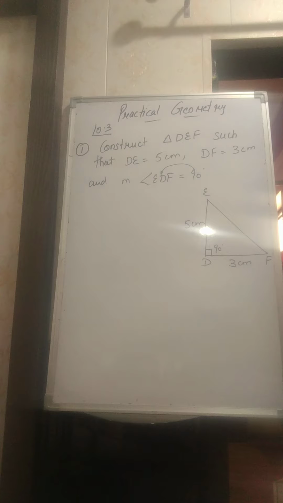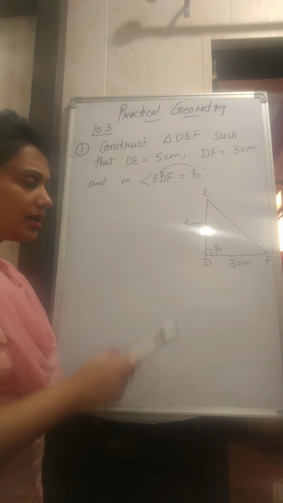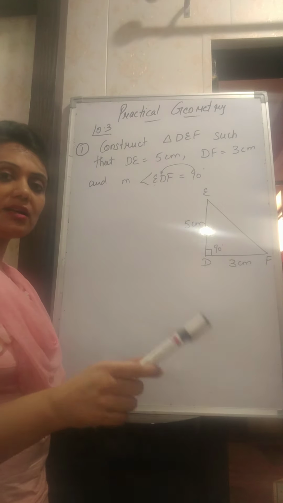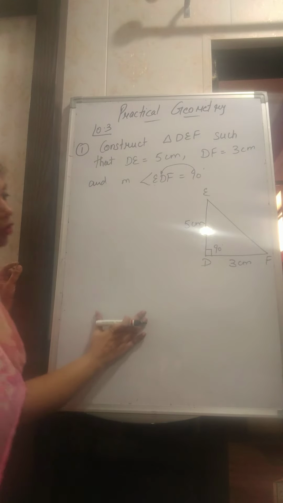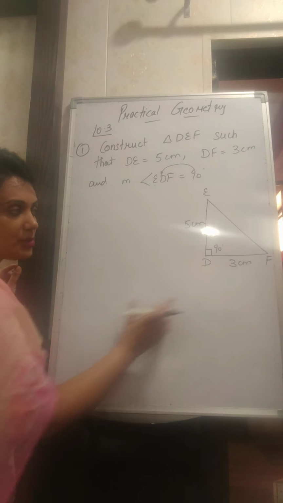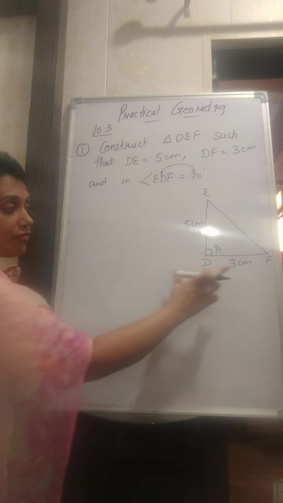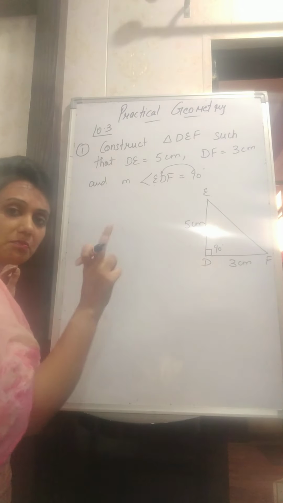Now we have to construct it by using compass, pencil, scale, right? I will be explaining and you will be making side by side in your notebook, right students? So what is the first step? First step is to make the baseline, and whenever you have to make a baseline, it should have a measurement.